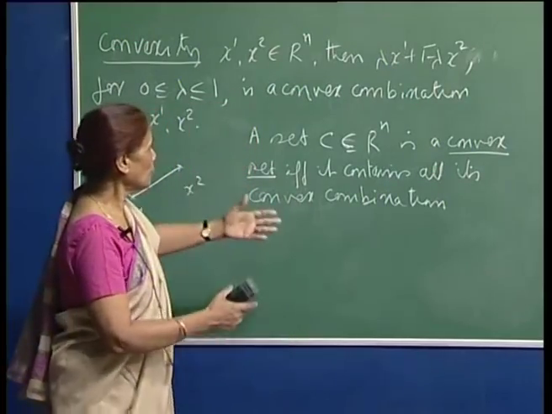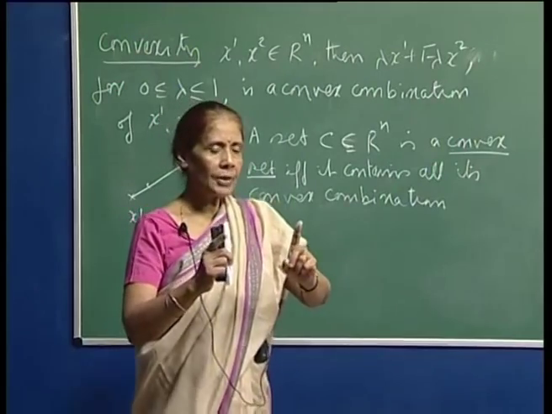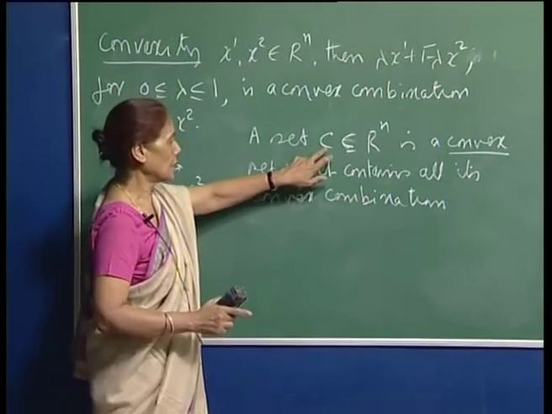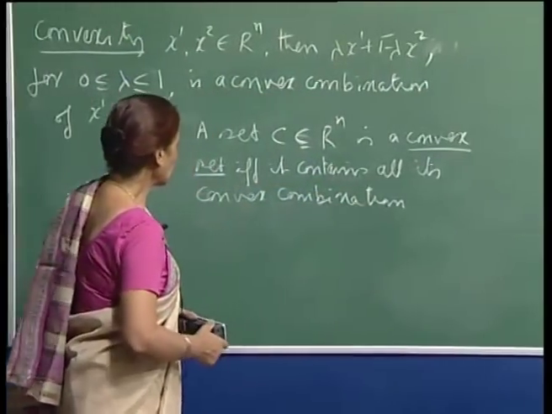That means I take any 2 points in C, I take the line joining the 2 points, and the whole line should be in C, and this should hold for all points in C. Then we say that the set is convex.